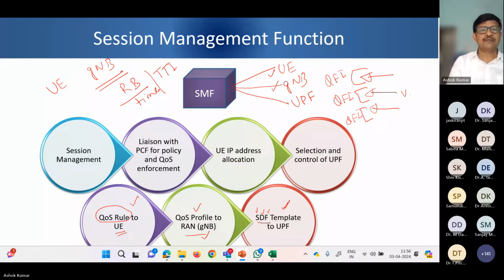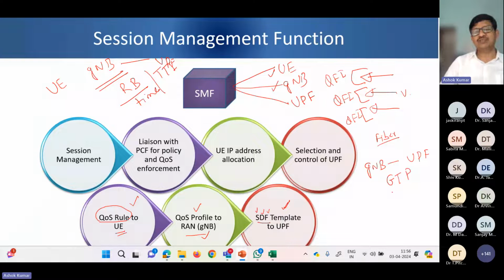Similarly, now this gNodeB connects to UPF. From gNodeB to UPF, this is the other leg. This is normally a backhaul, maybe a fiber or maybe a microwave. Here we call it GTP. Do you know the GTP?